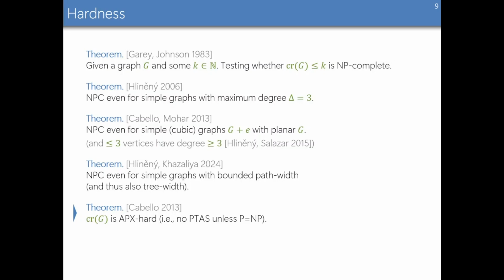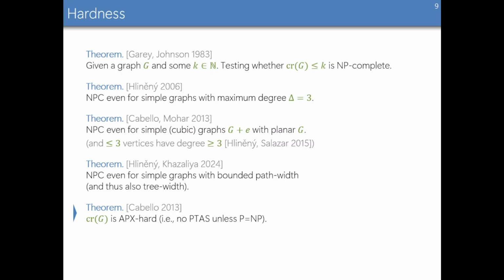Crossing number is a tough problem also from the decomposition point of view. I guess we all know that many interesting graph problems become simpler when you have a bounded tree width, or at least when you have a bounded path width. Bounded path width graphs, they are really simple. No problem can be too hard on those, right?